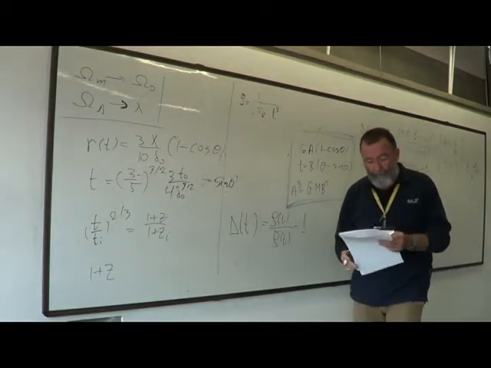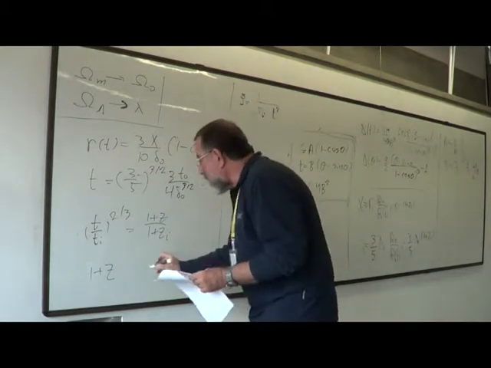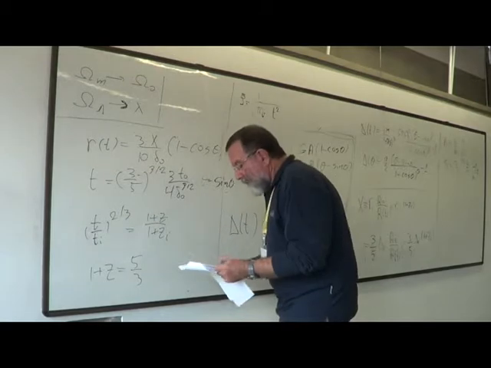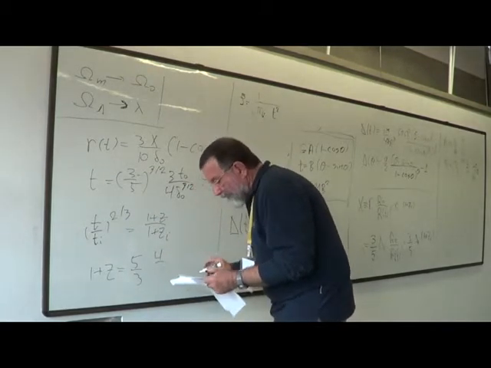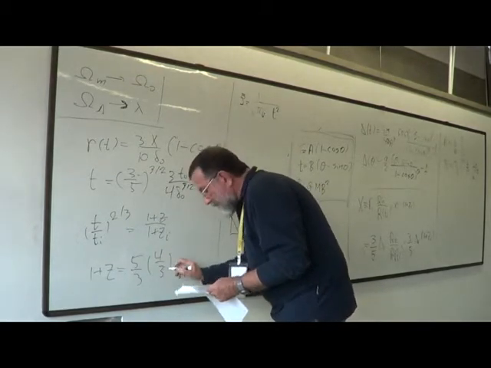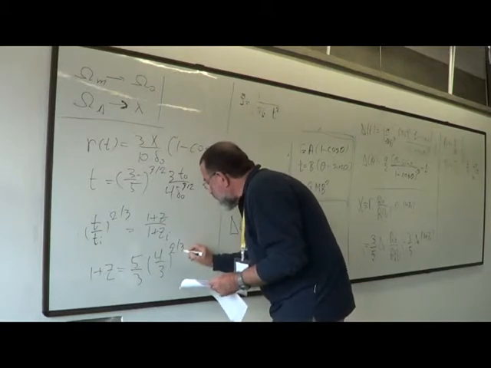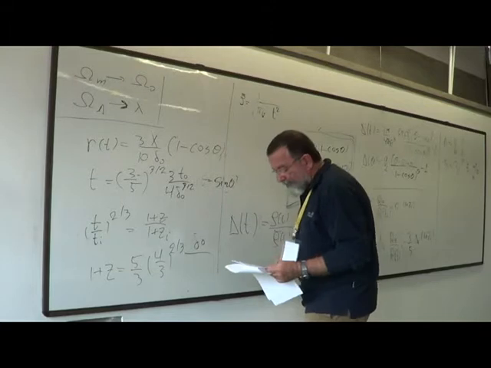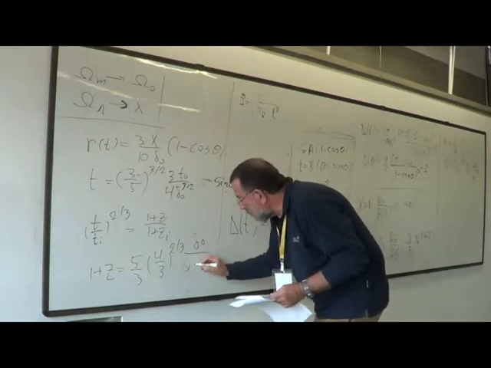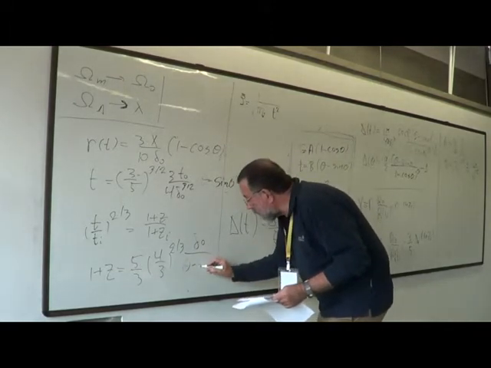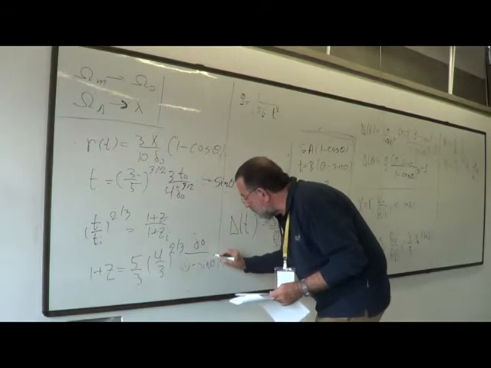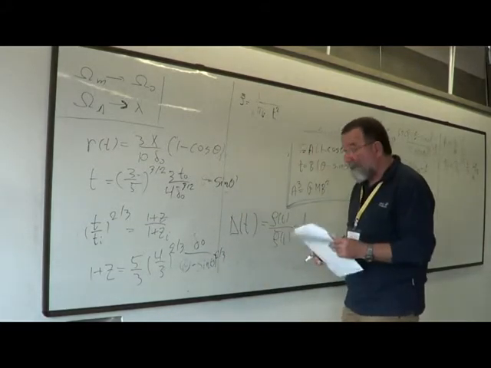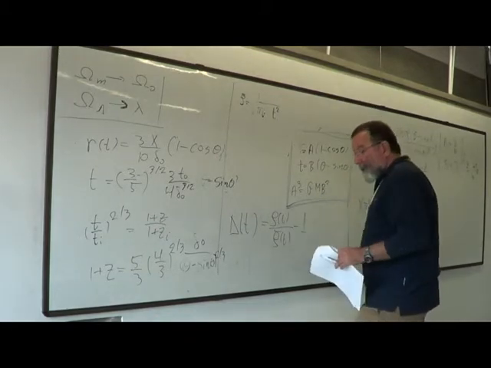So I can write 1 plus z equals (5/3)^(2/3) times 4 divided by 3, to the power of 2/3, times delta naught divided by (theta minus sine theta) to the power of 2/3.